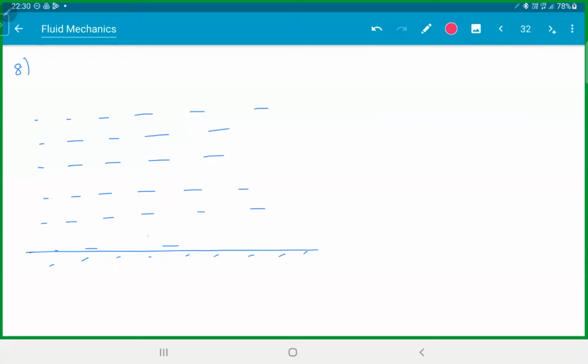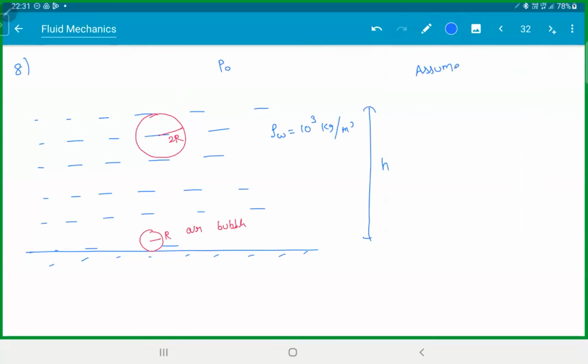So let's see a question. We got an air bubble here of radius r. As the air bubble comes to the surface, the radius becomes 2r. This is water, density is 10 power 3 kg per meter cube. Outside the pressure is P naught. This is height h. Assume temperature is constant. Find the depth of the lake.